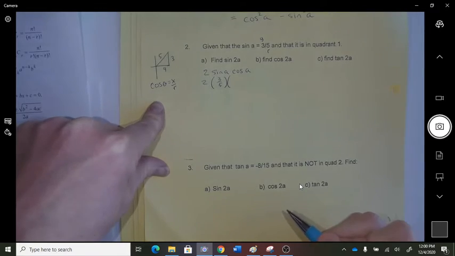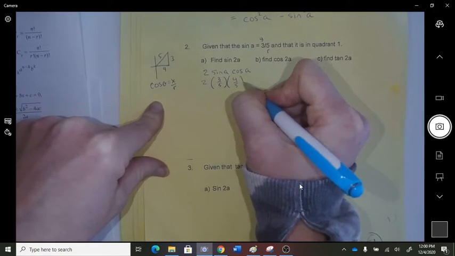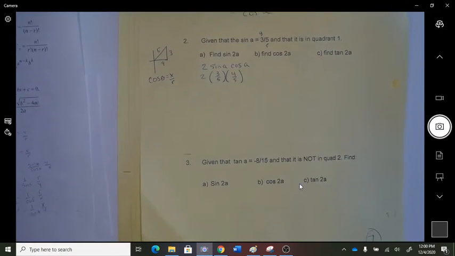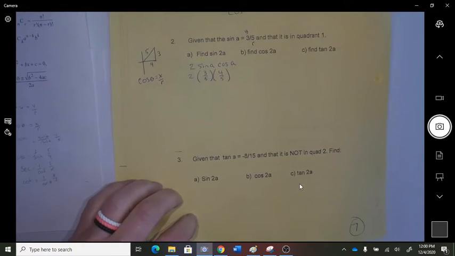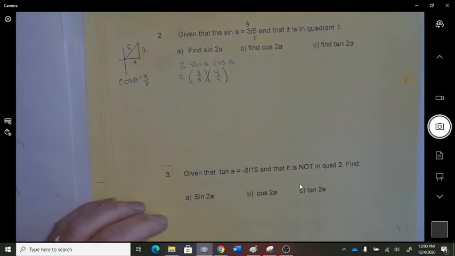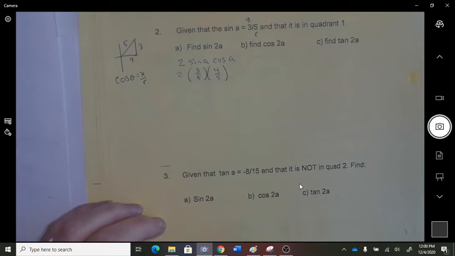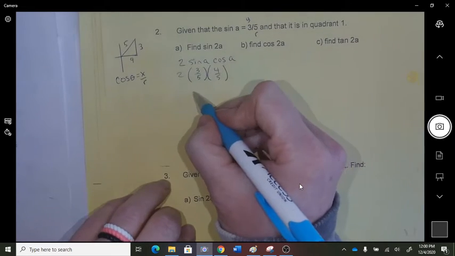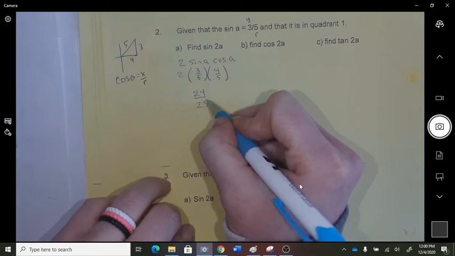Remember that ratio? So 4/5 goes there. And if I times everything on the top, okay, I get 2 times 3 times 4.